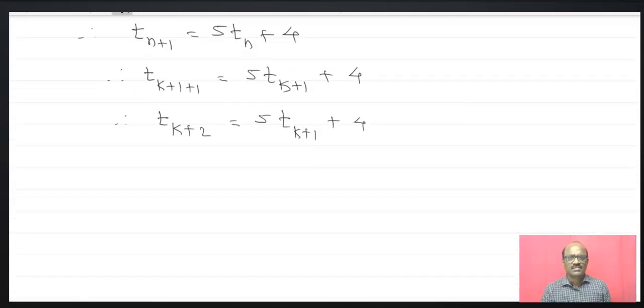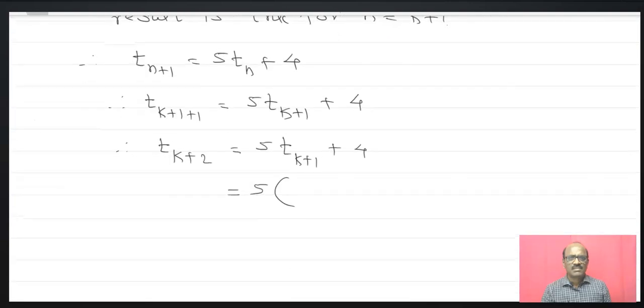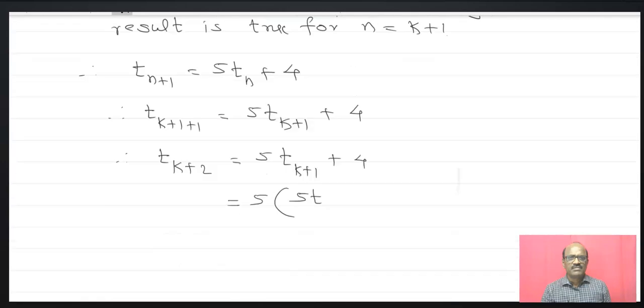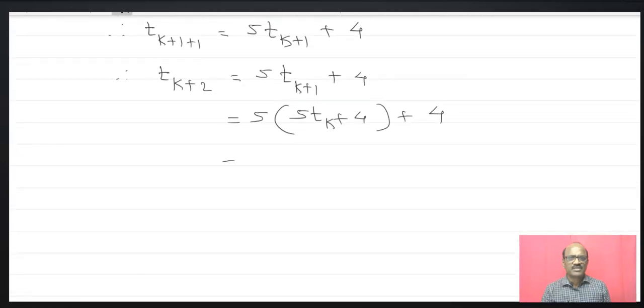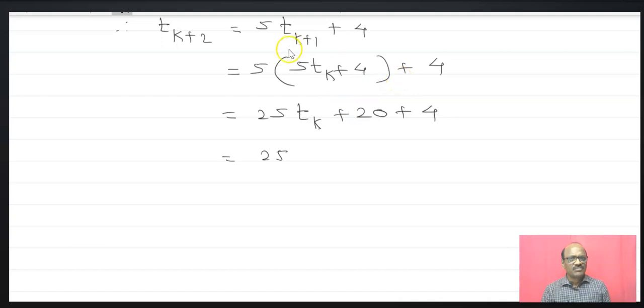Therefore, now here we will substitute the value of t_{k+1}, which is 5t_k plus 4. Here the bracket is complete. That is 25t_k plus 20 plus 4, and adding it, you will get 24.